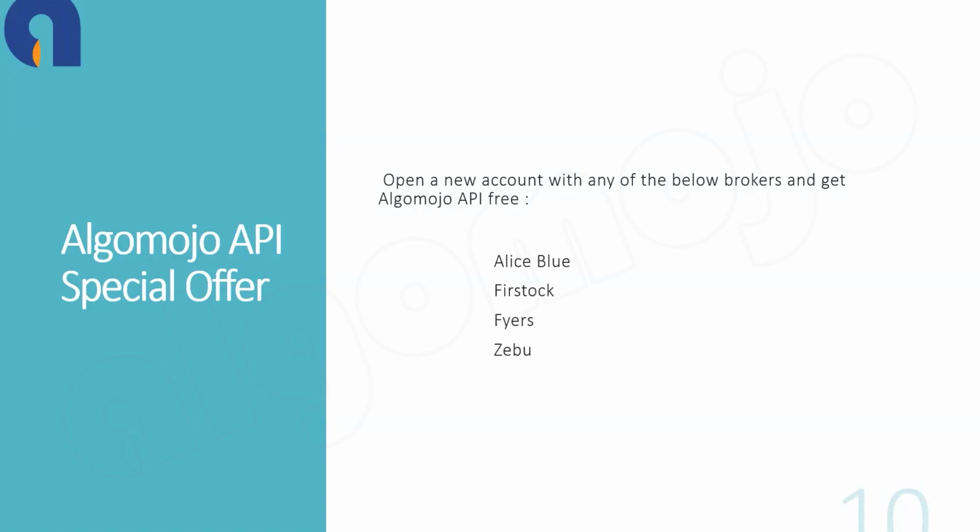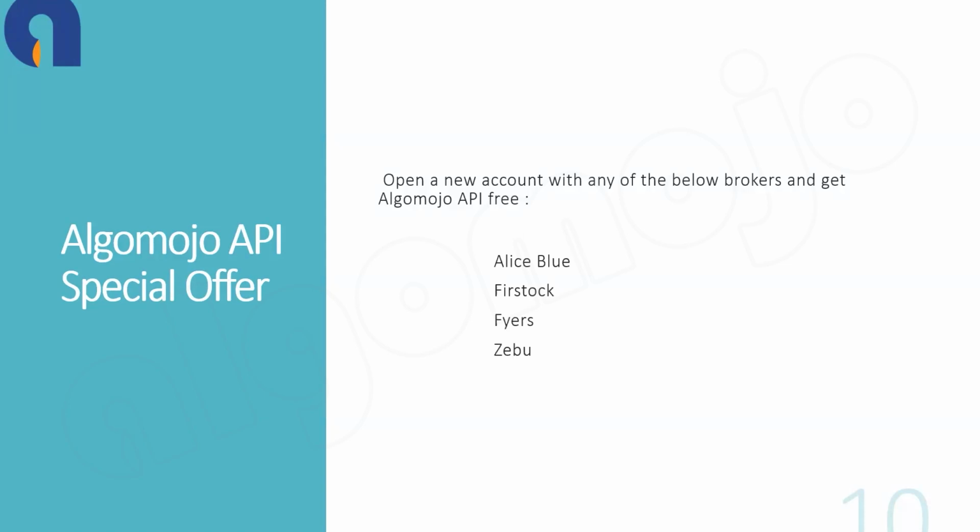However, we have tied up with four brokers who have agreed to extend that facility for the users. If you use the Algomojo platform to open an account in any of these four brokers, you will get Algomojo APIs free of cost for life. These are Alice Blue, FirstStock, Fyers, and Zebu.